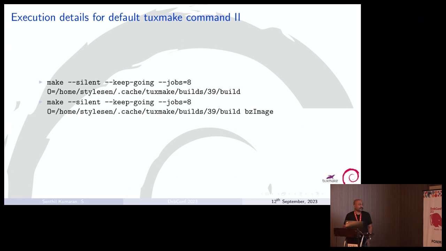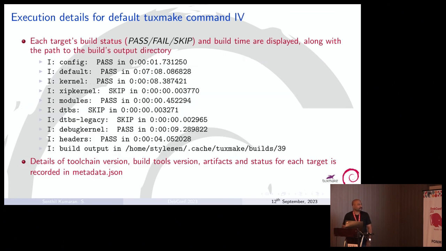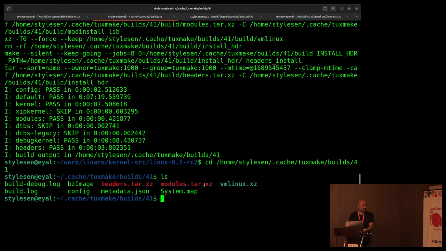As you can see, those are the different steps it did as part of the build. Okay, we just saw what was done within the build. This is a summary of the build which I just showed. Let's get into the metadata.json which was produced as part of the build.